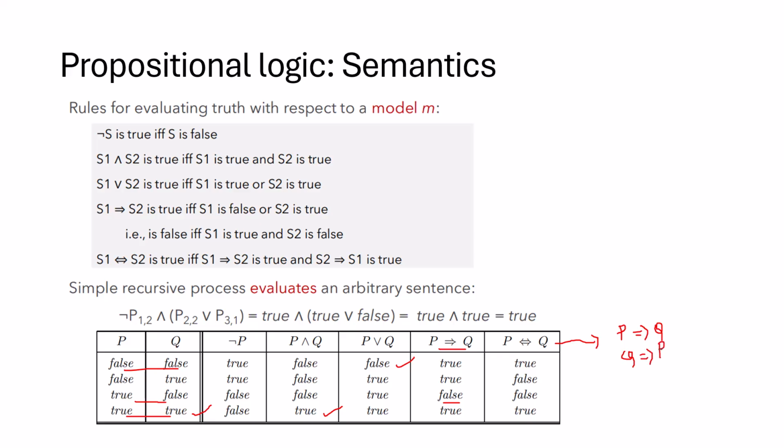That's why both p implies q and q implies p must be true for the biconditional to be true. In English it can be written as p if and only if q. So that's the end of the propositional logic grammar.